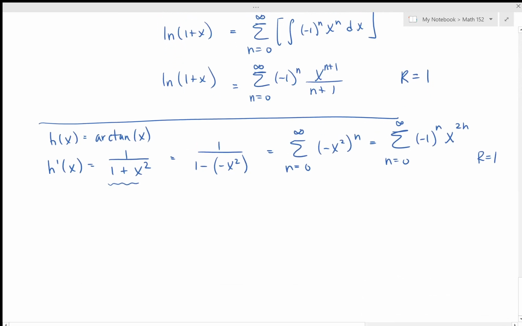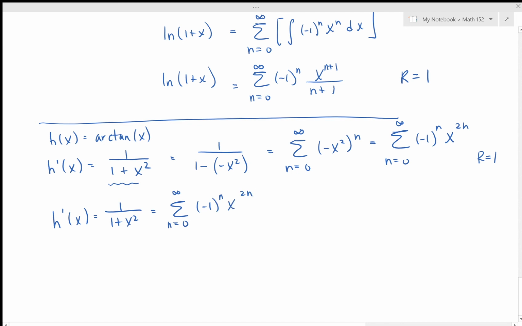And let me just put what I've got here in the first step here, h prime at x, which is the derivative of the arctangent, 1 over 1 plus x squared. I now have a power series representation for that, looking like this.